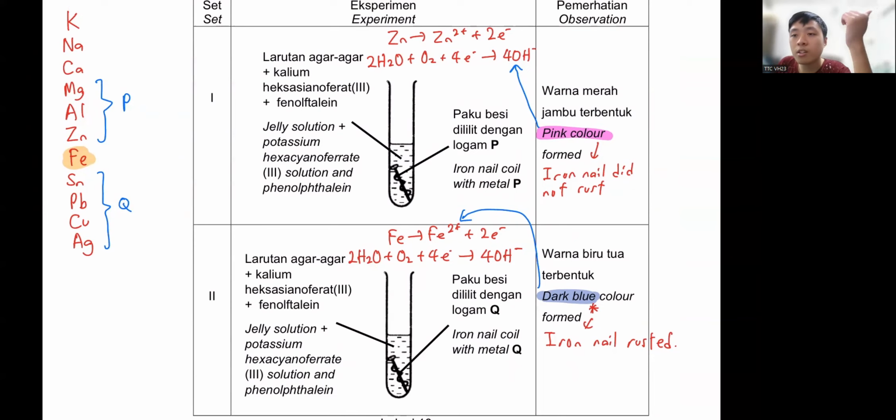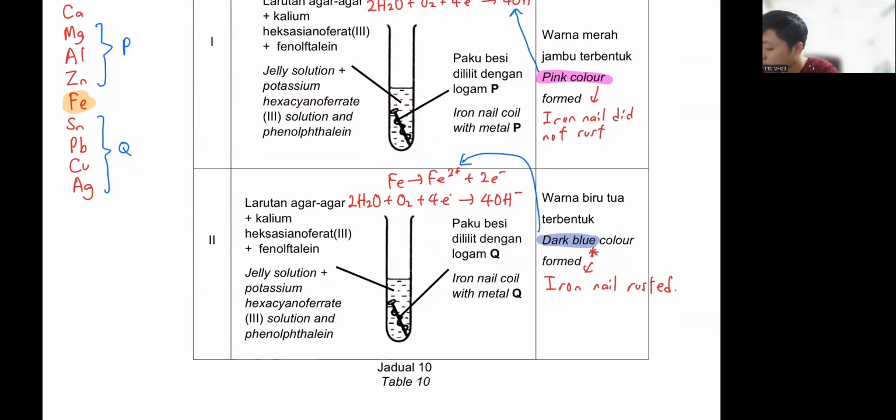You got water and oxygen, they form OH minus. So what happens? Fe2 plus reacts with OH minus to form Fe(OH)2. That's why Fe(OH)2 shows that dark blue precipitate is formed.